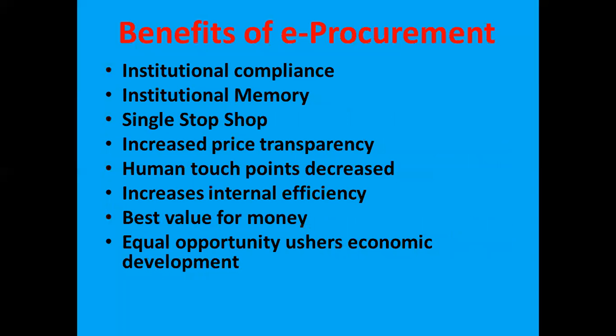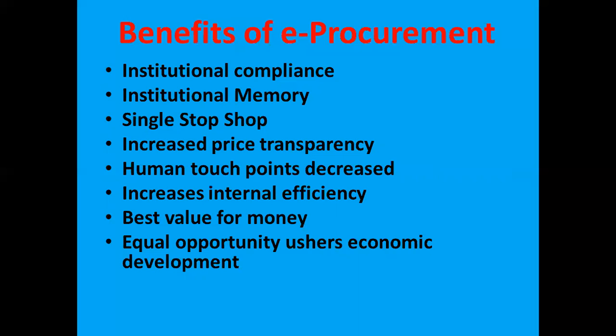Next, what are the benefits of e-procurement process? Institutional compliance. Depending upon the system you are maintaining, depending upon the firm you are maintaining, you have to go for the compliance.